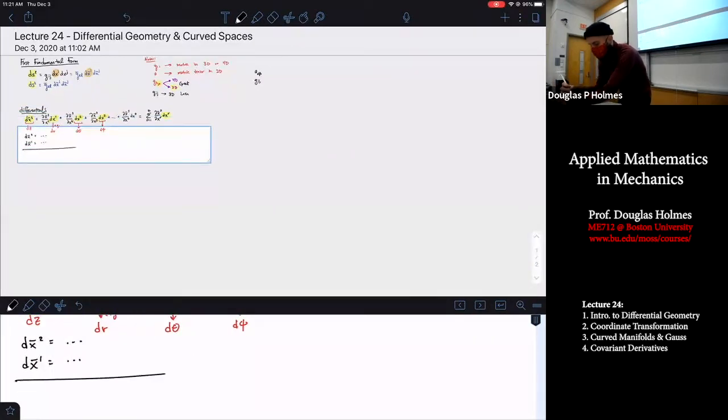And it simply looks like this. The new coordinate system's differential, dx bar, is going to be equal to the sum of all these partial derivatives of these differentials times the differentials in the other coordinate system.